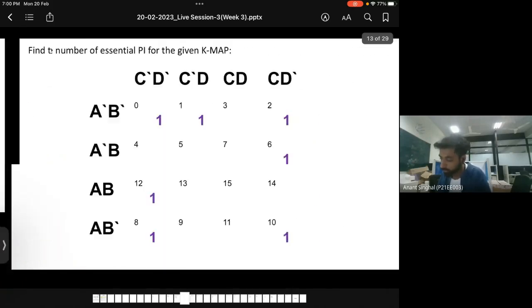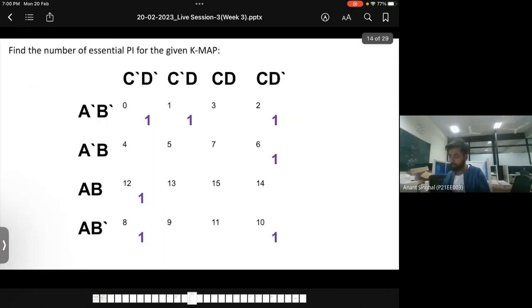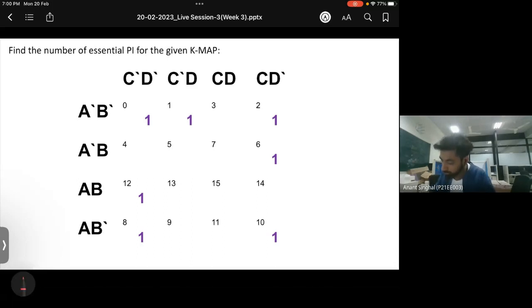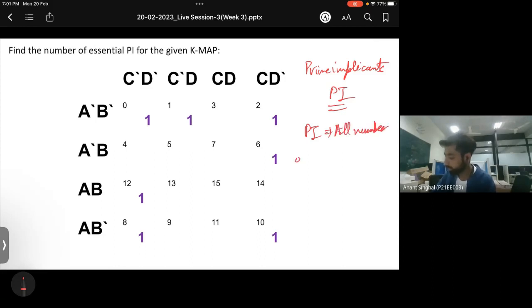Okay. So there is one more concept named prime implicants. In short, we call it PI. So prime implicants are basically all the possible combinations, or basically possible ones given in the K-map.